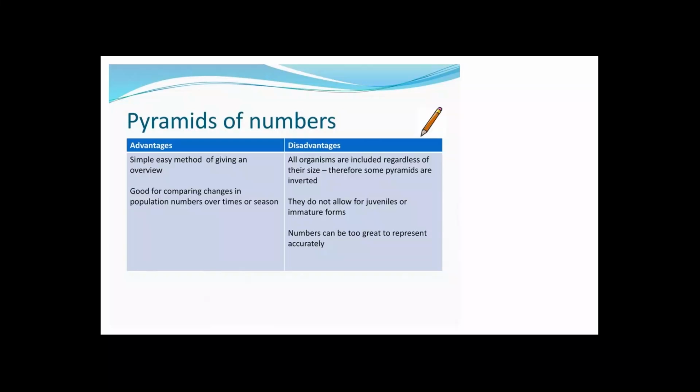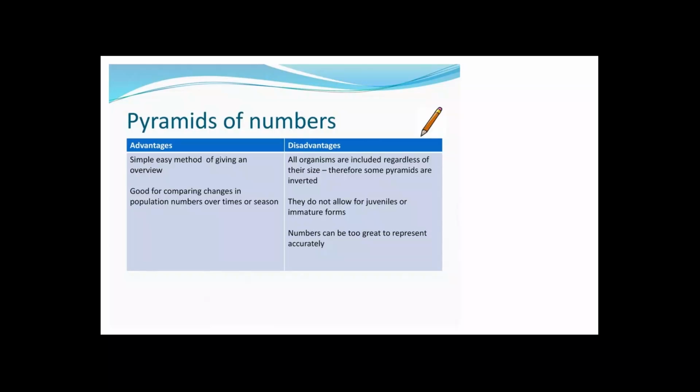So pyramids of numbers is the other one we know, where we simply count the numbers. Advantage: it is a simple method of giving an overview, and it's good for comparing changes in population numbers over time or season. And disadvantages: all organisms are included regardless of their size.